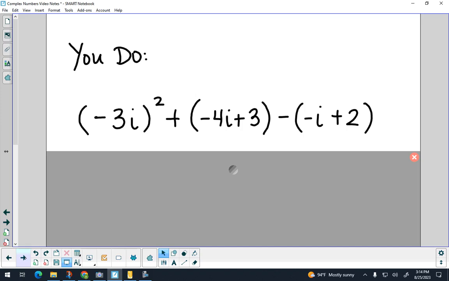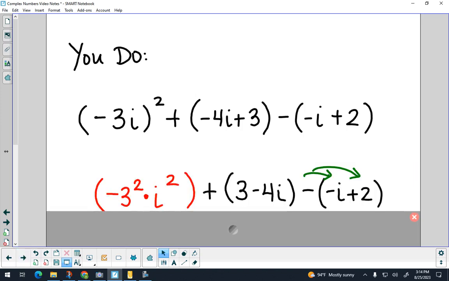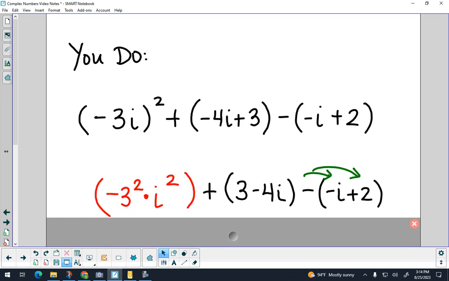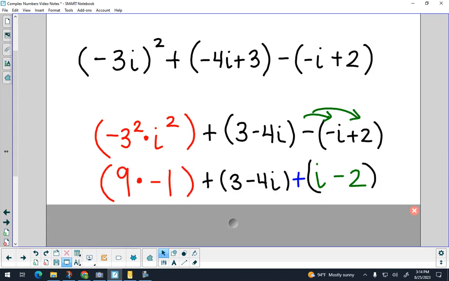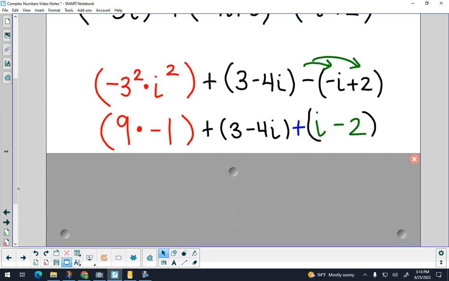Okay, pause the video. You do, you try, you do. Okay, so hopefully you pause the video, have done the first step out where you distribute that 2 for the exponent to the -3 and the I, and you changed everybody to standard form and distribute your signs. -3 squared is 9.